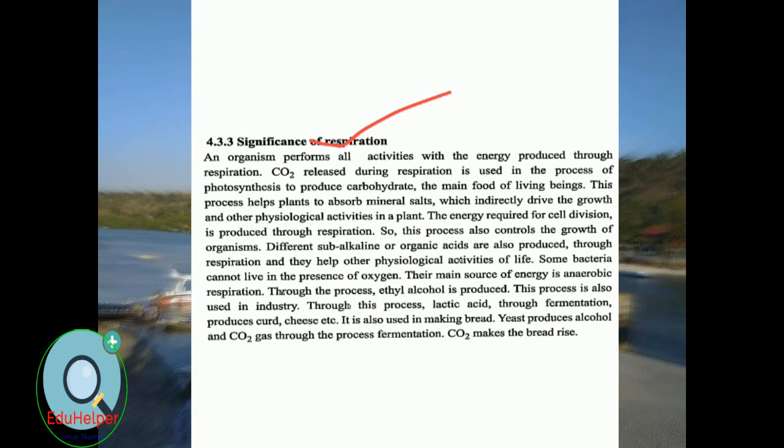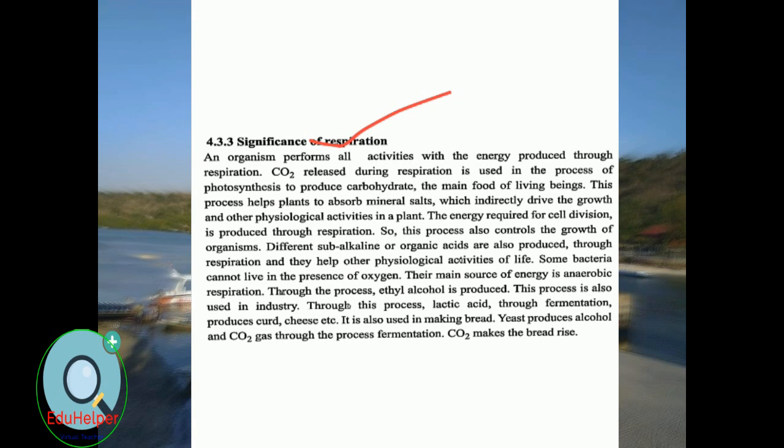Next, respiration helps in the production of other compounds. Different intermediate products of respiration, like oxaloacetic acid and alpha ketoglutaric acid, are utilized in the formation of chlorophyll, proteins, alkaloids, etc. First of all, I have already mentioned production of energy. Energy is necessary to carry out every physiological process.